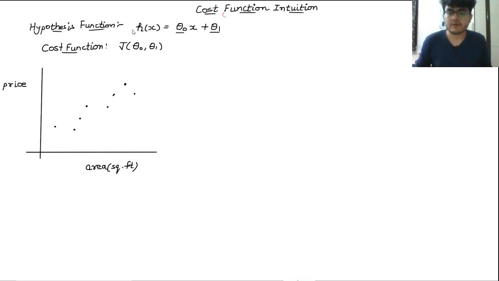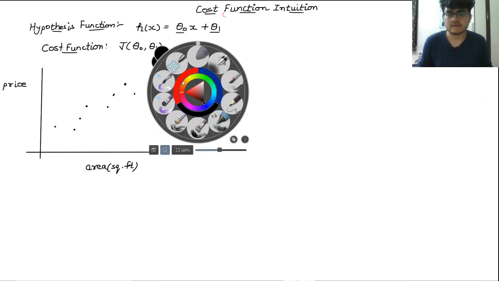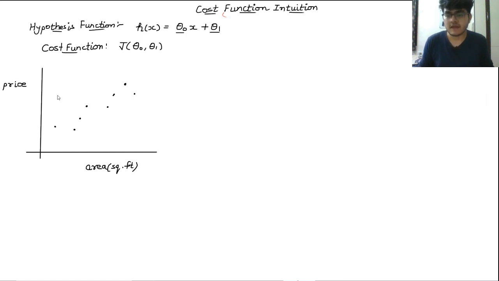So now we want to plot the hypothesis function, and we want the perfect pair of theta 0 and theta 1. Let's suppose there is a person, person A, and he says that I think this line which I'm going to draw here is the best fit.